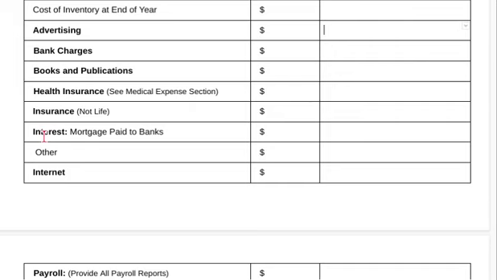Alright, now your internet cost. Any internet cost that you may need for that business, you're going to total up what you spent for that year here.